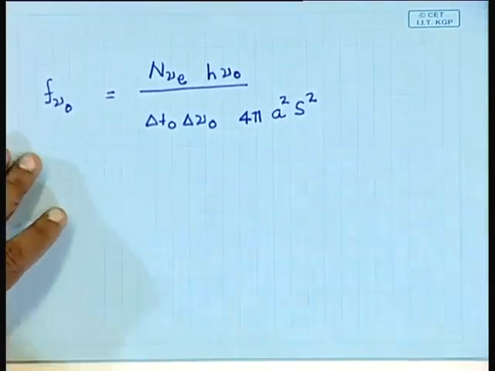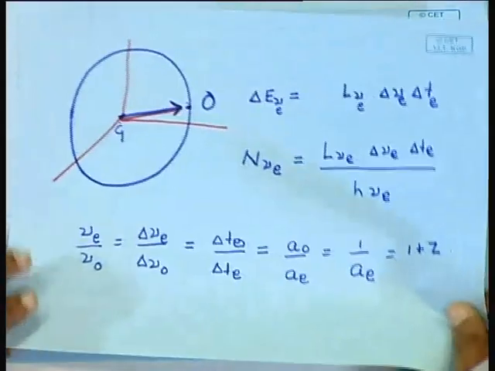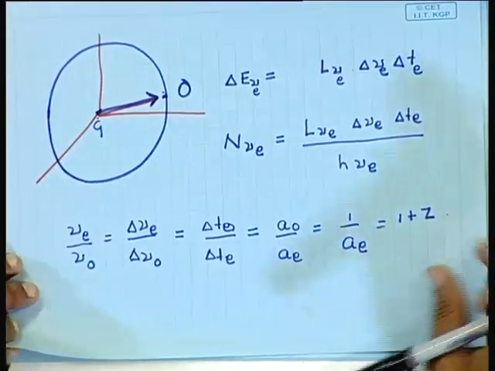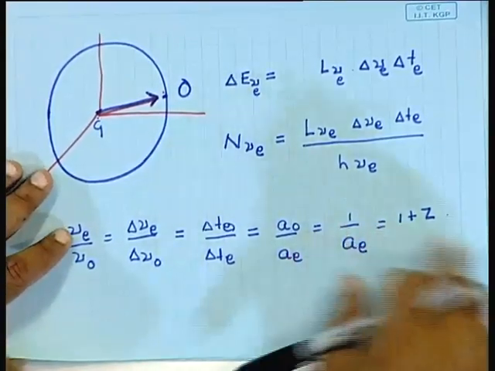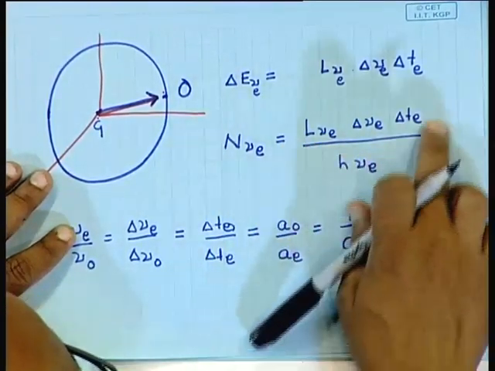Okay. Now, the number of photons that are emitted is given over here.